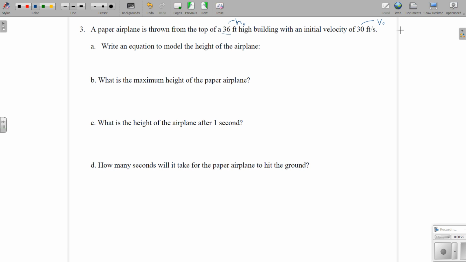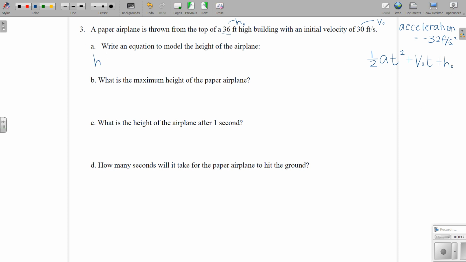And the fact that we're talking about feet means that we know our acceleration is going to be negative 32 feet per second squared. So in our formula, it's 1/2 times the acceleration, t squared, plus v naught t plus h naught.